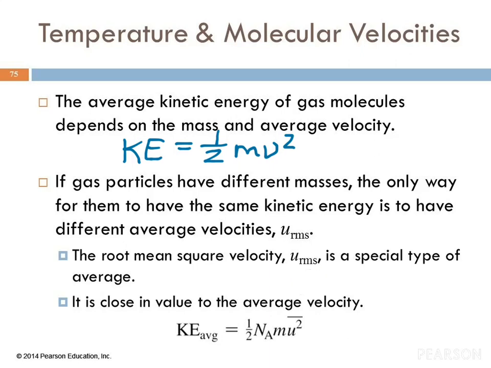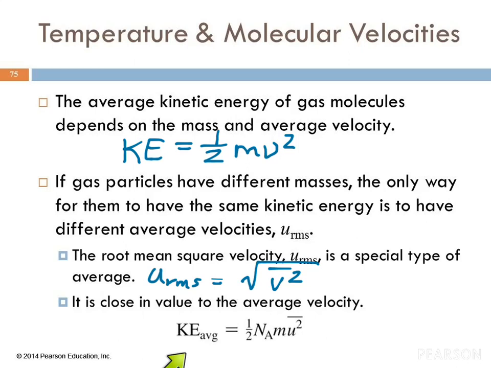Root mean square means we take the velocity squared, we average it, and then we take the square root of that. It ends up being really similar to the average, so you can think of it as an average, but just recognize it's not actually an average, it's a special kind of average.